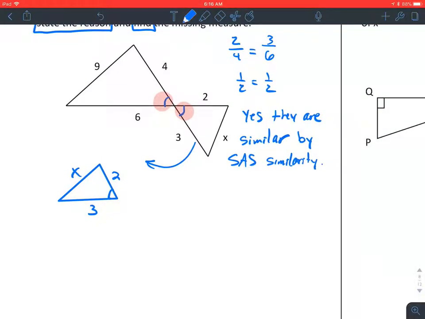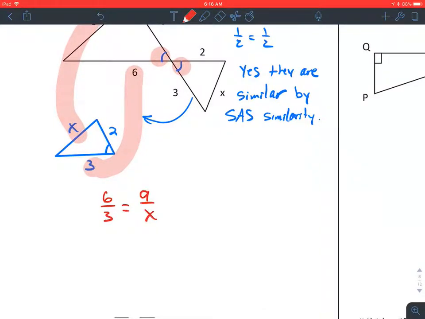So make a proportion just like we've done many times in the other sections. Take 2 corresponding parts, such as 6 and 3. 6 is to 3 as 9 is to x. You can reduce your fraction first, or you can choose not to.